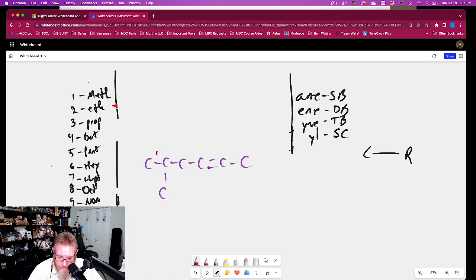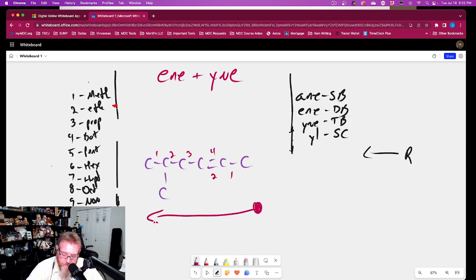My way of doing it: I just number the bonds. And you're going to do this for both alkenes and alkynes. This is the same for both. The rules don't change. So why do we start with the bonds? Because the bond is the most important, and that's going to tell us right to left, left to right for counting our carbons.